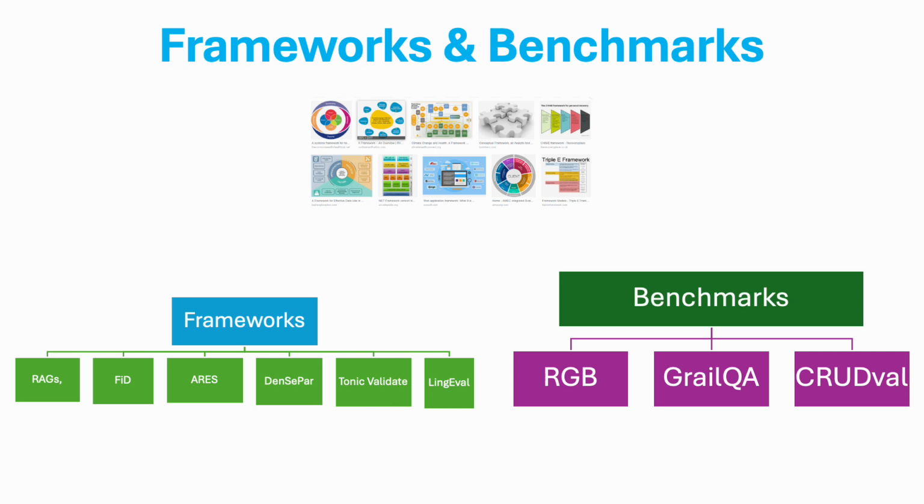Benchmarks such as RGB, Grail QA, and CRUD offer diverse datasets and tasks to comprehensively assess the performance of RAG pipelines in various scenarios. These frameworks and benchmarks enable researchers and developers to systematically evaluate and improve the retrieval and generation capabilities of their RAG pipelines.